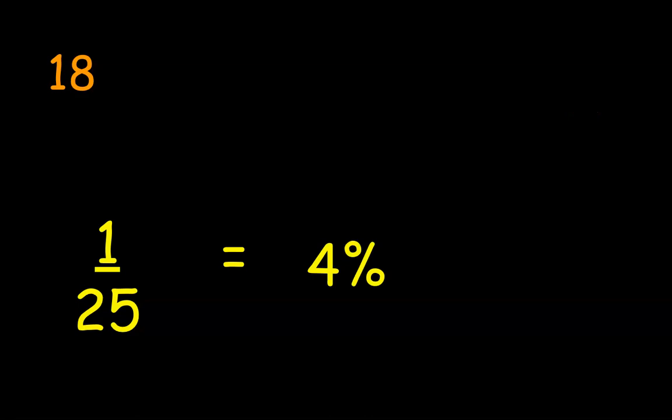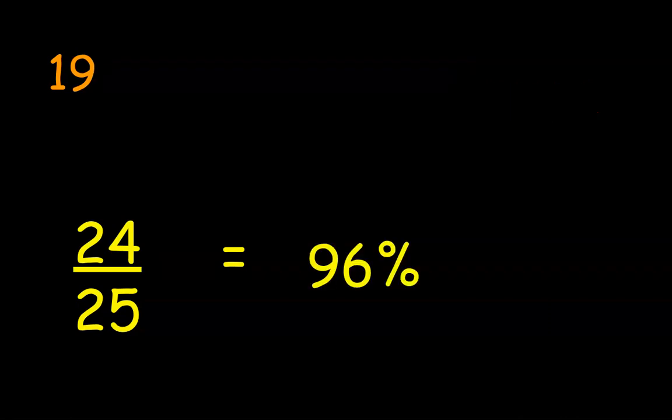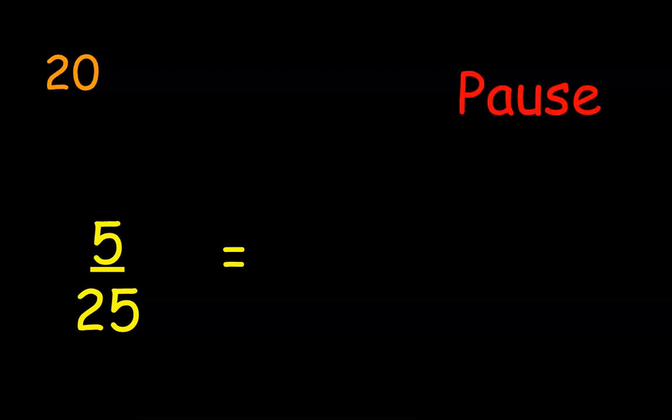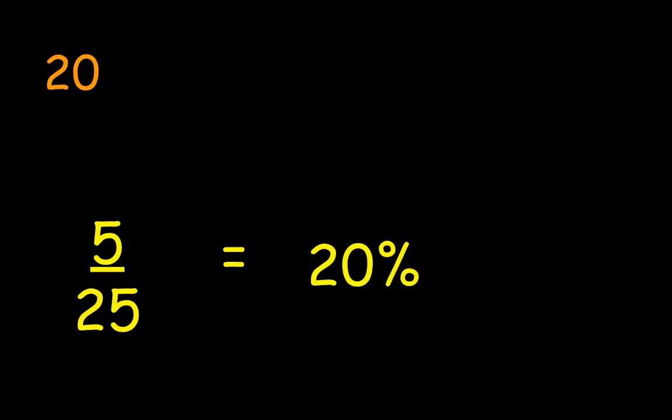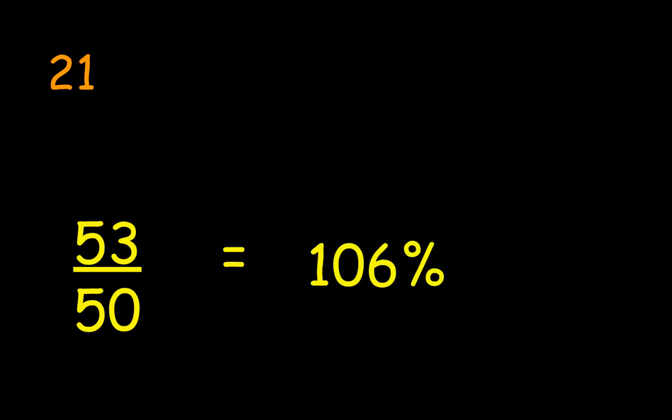4%. Multiply by 4 at the top and the bottom. 96%. Multiply by 4 in the denominator, multiply by 4 in the numerator. 20%. 106%.